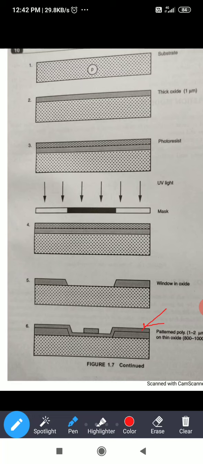After the thin oxide is formed, again we apply UV light, so that this portion will be removed. We will see this in the next slide.